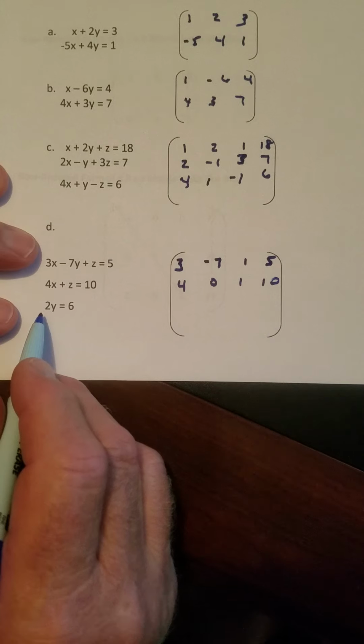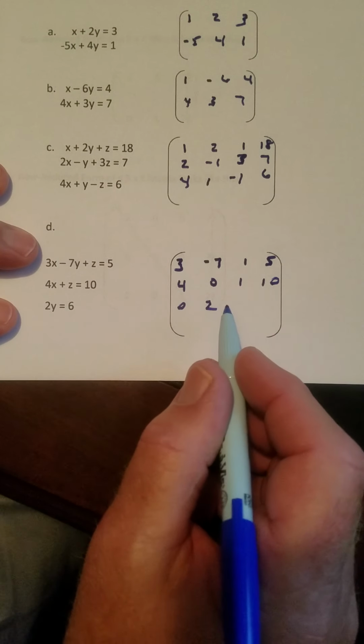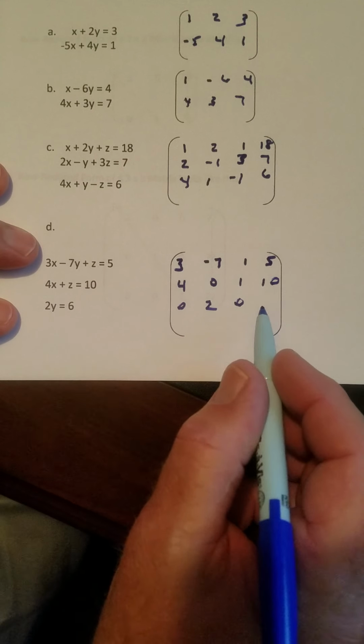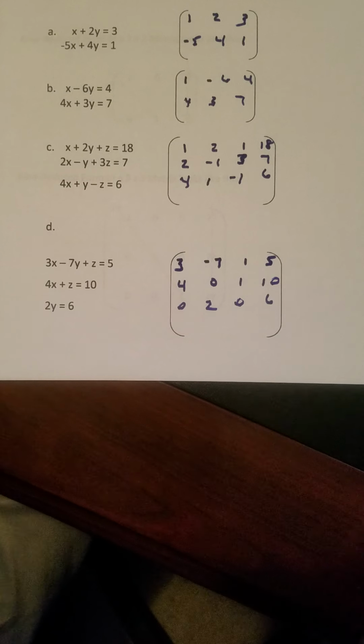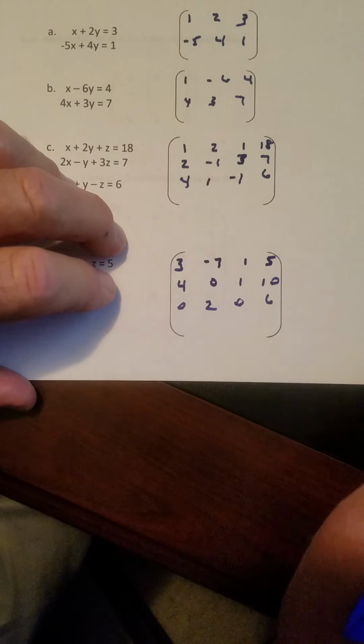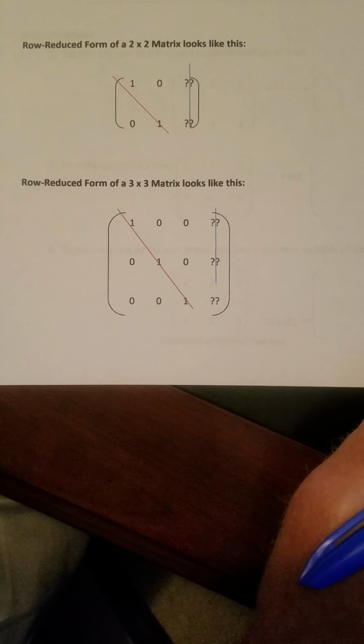And then on the bottom one, there's no x's, so it's 0x, 2y, 0z, and 6. Okay, so making it into a matrix equation is not very hard.